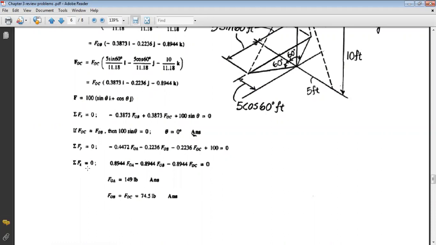So they ended up with 3 equations with 3 unknowns and were able to calculate them. Any question on this problem?